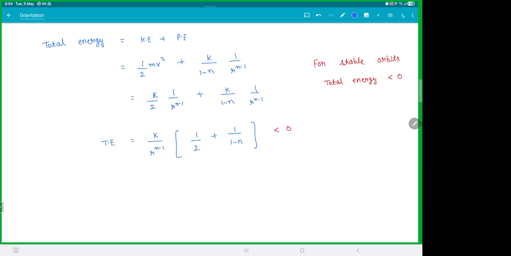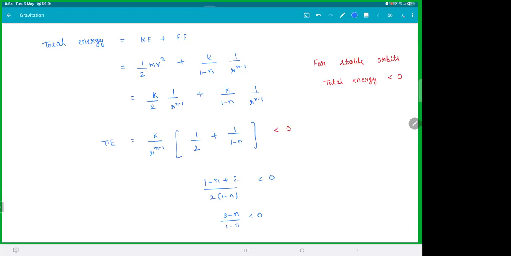That means this function inside will be, how much is this? Let's multiply 1 minus n plus 1 by 2 into 1 minus n. This is 2 actually. So you get 3 minus n by 1 minus n is less than 0.